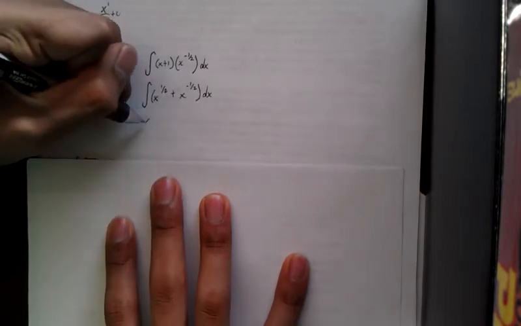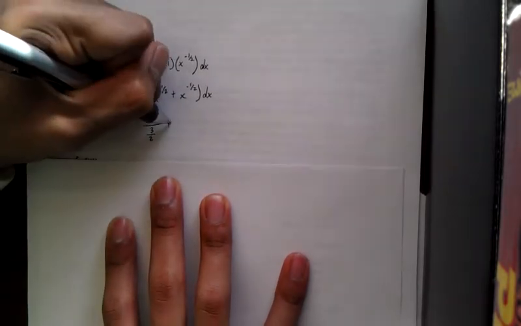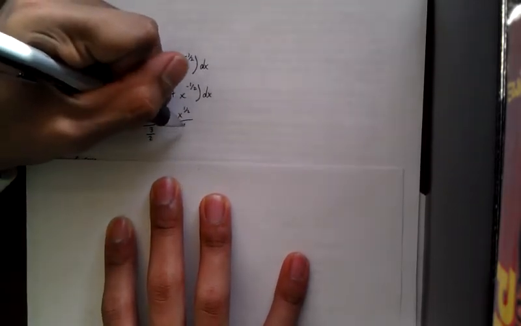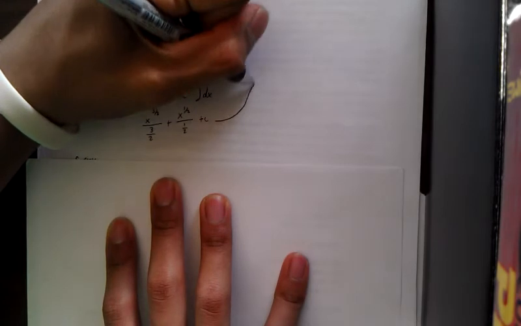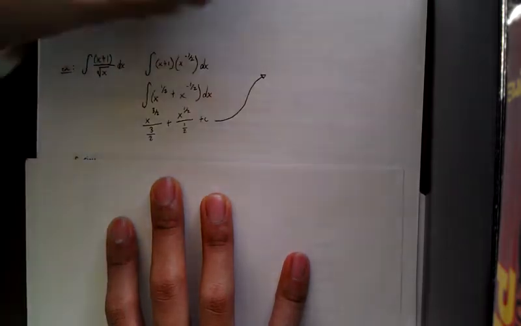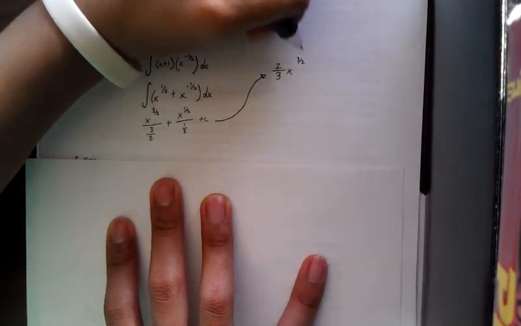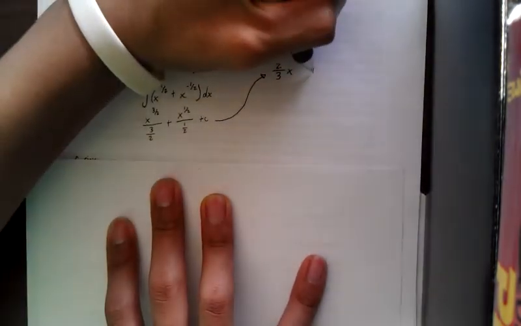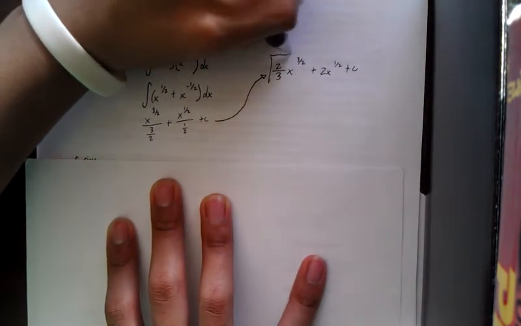And now you just use the same rules and go piece by piece. So x to the 3/2 over 3 over 2 plus x to the 1/2 over 1 over 2, and then plus c. When you simplify, you get 2/3 x to the 3/2 plus 2 x to the 1/2 plus c.